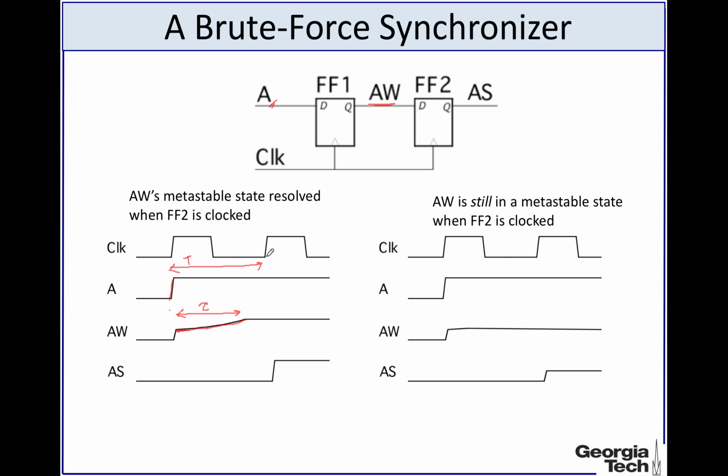So by the time the second clock signal came in, this AW resolved into a logic state of 1. It could have been logic state 0 as well. It resolved into a definite logic state, and as a result, when the second clock pulse came in, the second flip-flop saw a stable output, and there was no metastable state at any instance seen in the final output AS.